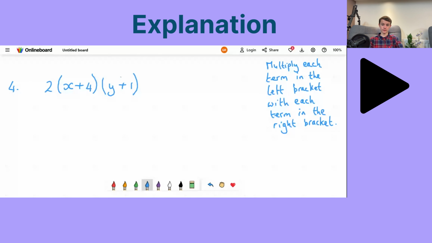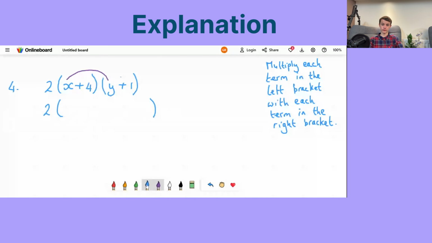So, you have to keep the brackets together for this one, and then you multiply it by the 2. So you have your 2, then you open the bracket. And then it's x, and then the x times the y is xy. You put that in the bracket.